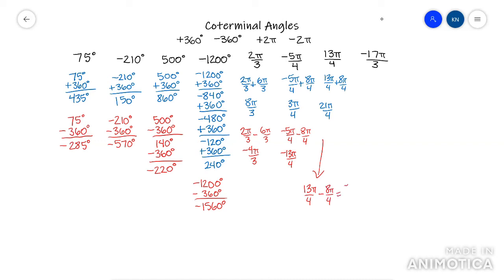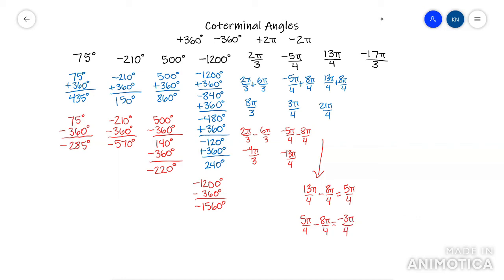That gives you 5 pi over 4. Well, again, that's not a negative coterminal. That's still a positive angle. So just like over here, you're going to have to do this multiple times. So do it again. 5 pi over 4 minus another 8 pi over 4 would give me my negative coterminal at negative 3 pi over 4.